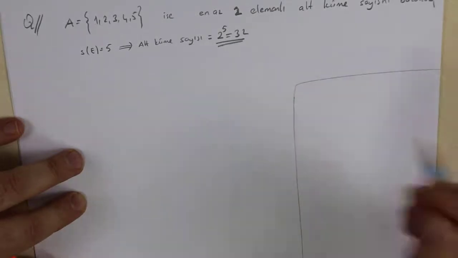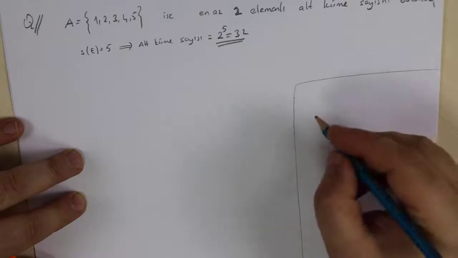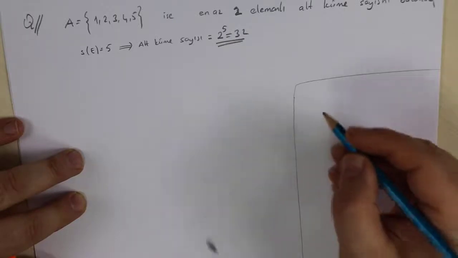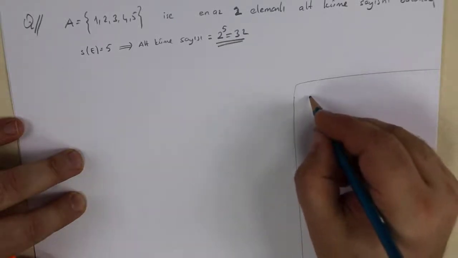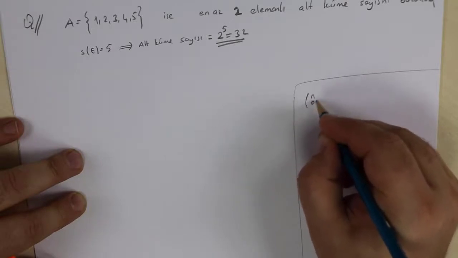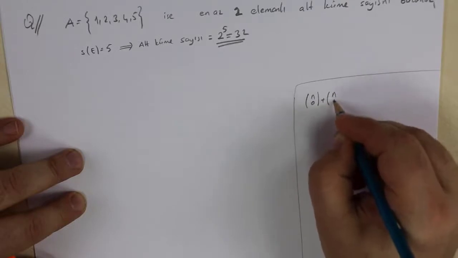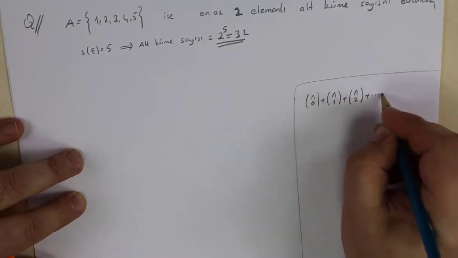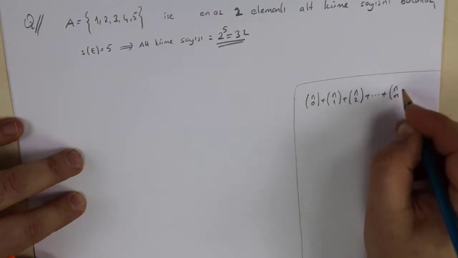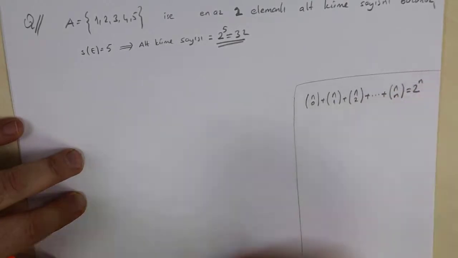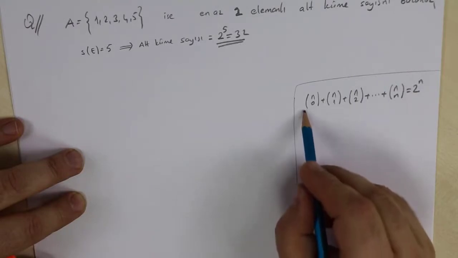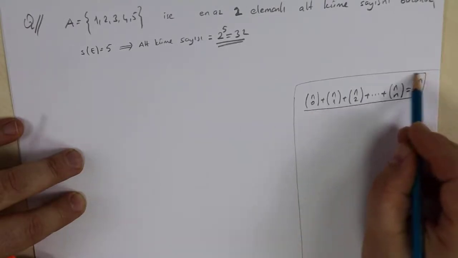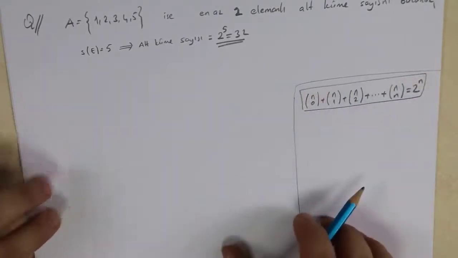But here, let me remind you of some information about the combinations. The combination n out of 0 plus n1 plus n2 plus until nn, combination n out of n, is equal to 2 to the power n. This is a rule, so we should keep this one in mind.